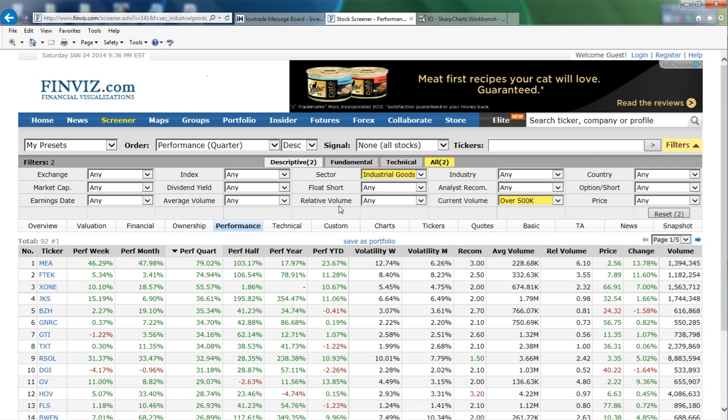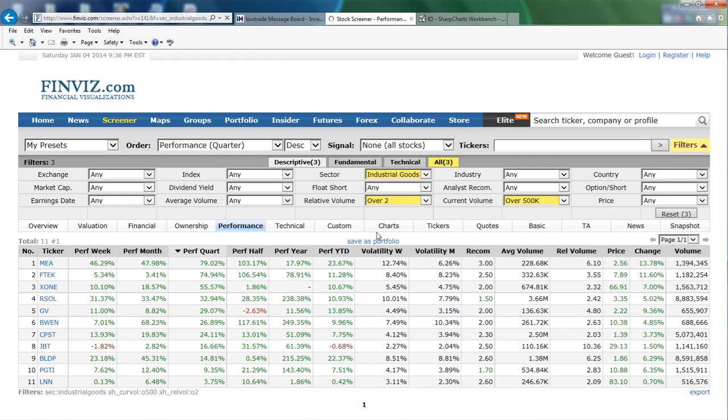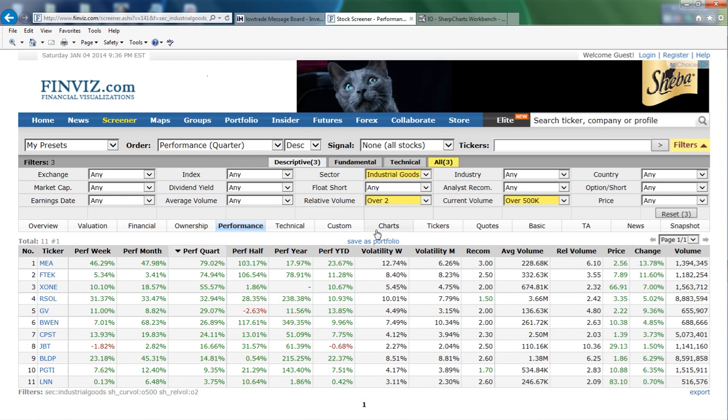Now, relative volume basically is a ratio between the average volume and the recent volume. So if you get, say, a 2-to-1 increase in volume, it means that in the past couple weeks or so, it's been hot.